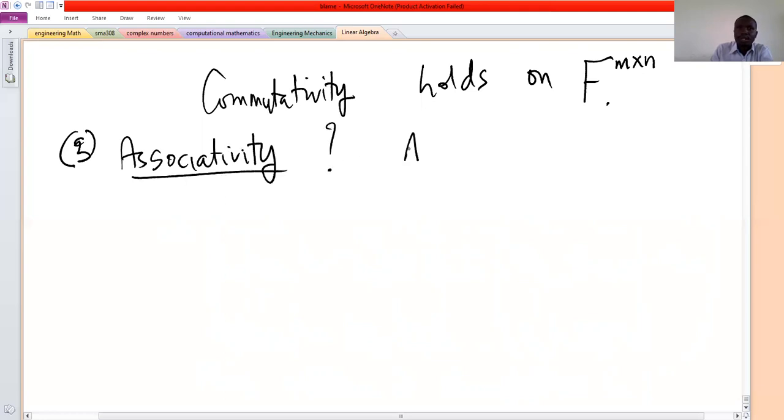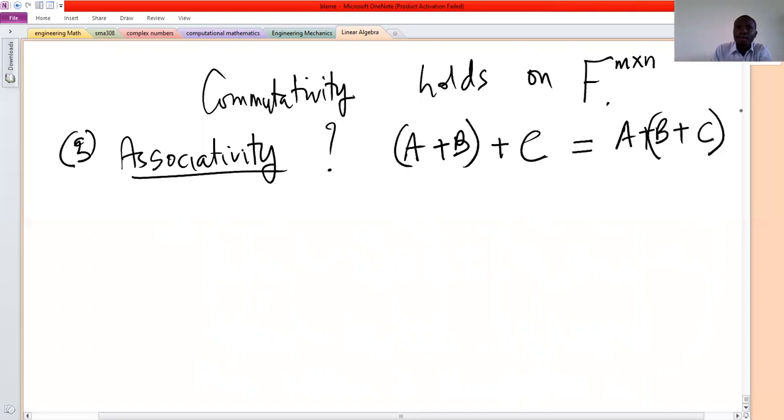So associativity will show that A plus B, and then plus C, is equal to A plus B plus C. So I have to show this.